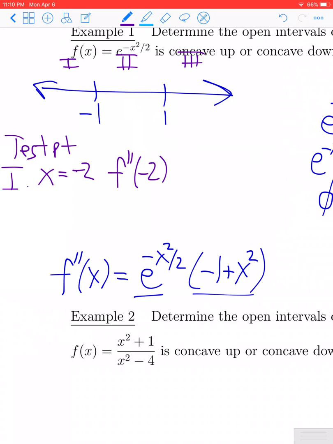F double prime of negative 2 would be equal to e to the negative of negative 2 squared over 2 times negative 1 plus negative 2 squared.